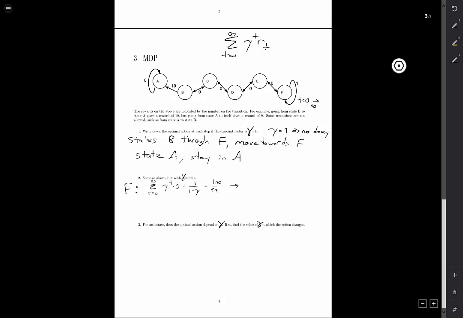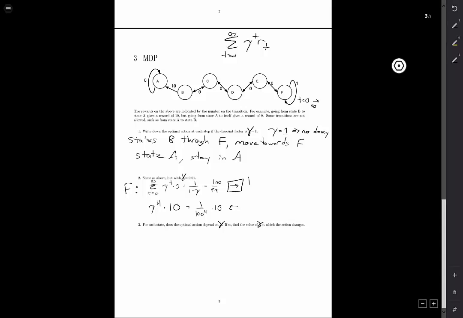So it's going to be a discount of gamma to the 4 times the reward we get, which is 10. So that equals 1 over 100 to the 4 times 10. And that's for left. So we would actually choose to stay at F.